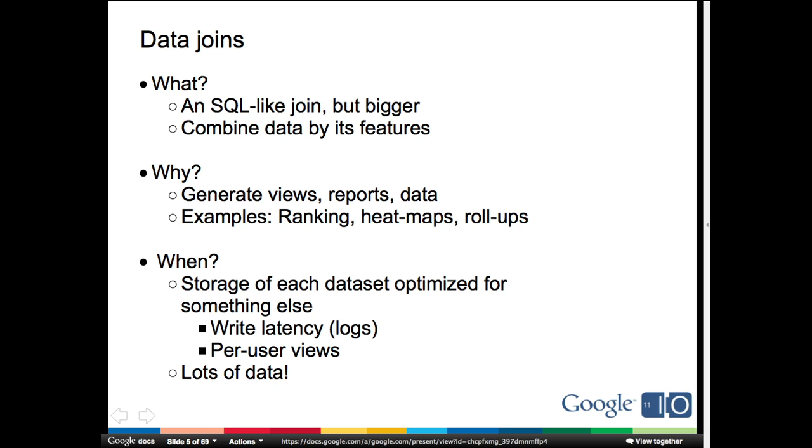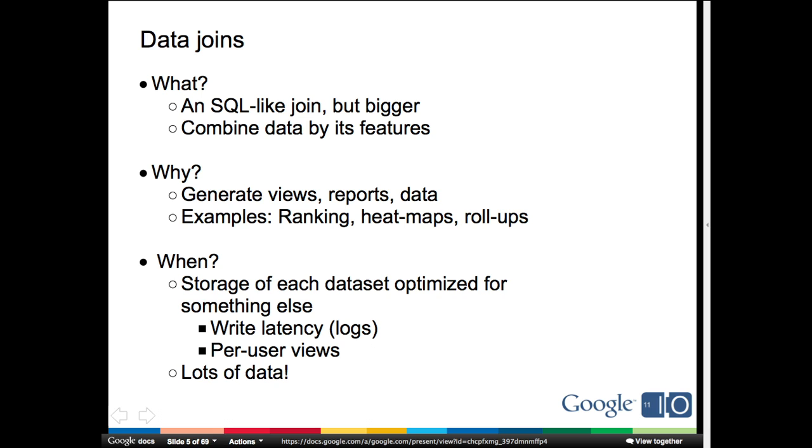I want to join two unrelated tables together into a single view, combining data by the features it has. You want to do this for the same reasons you want to do an SQL join: to generate views or reports or any kind of aggregate or derivative data. Some examples are any kind of ranking, heat map diagrams, statistical roll-ups, stats, et cetera.